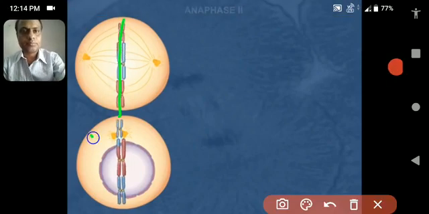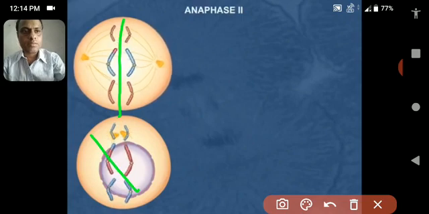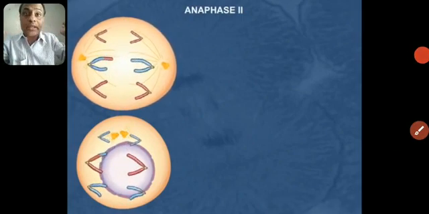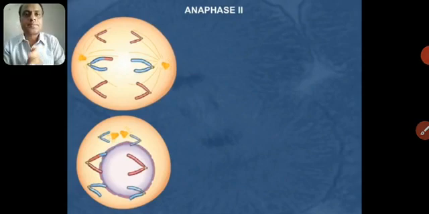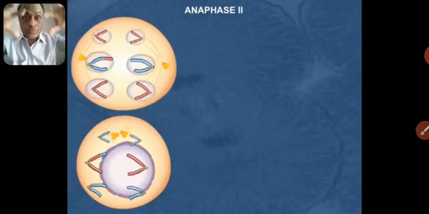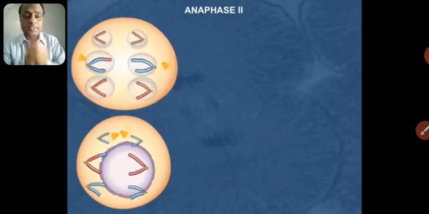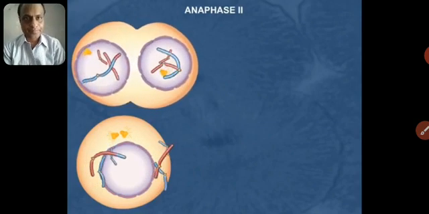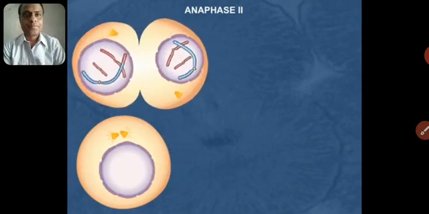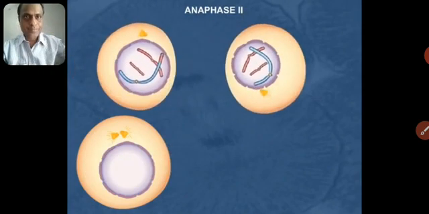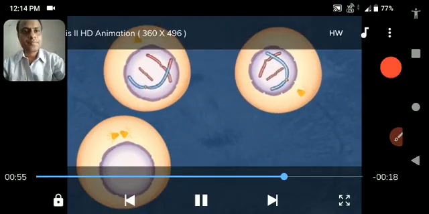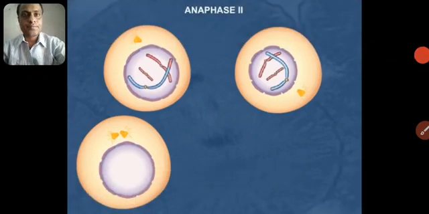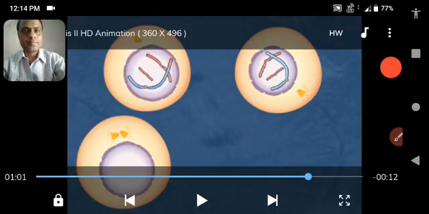The sister chromatids separate or disjoin and begin moving to the poles of the cells during anaphase 2. During telophase 2, the nuclear membrane reforms and chromosomes decondense. In animal cells, a cleavage furrow is formed that causes cytokinesis or cellular division. As cytokinesis is completed, meiosis II results in the formation of 4 haploid cells.